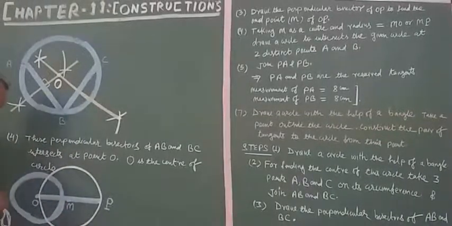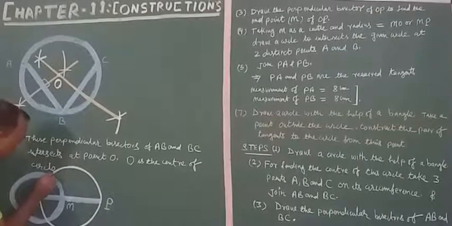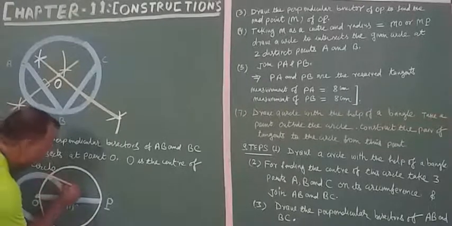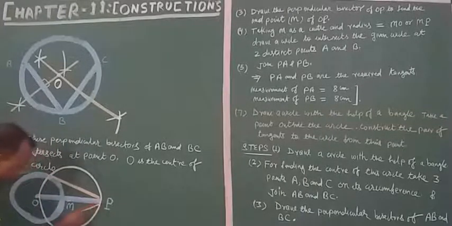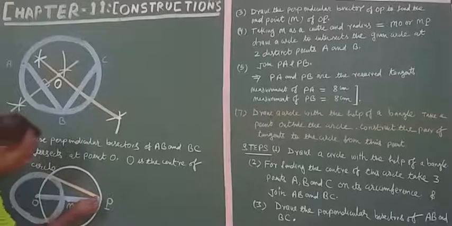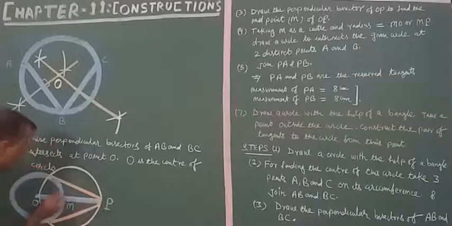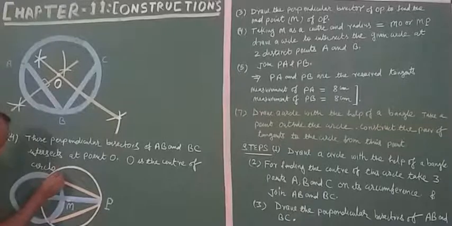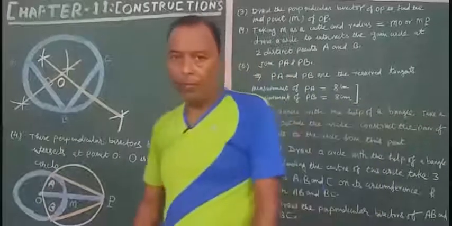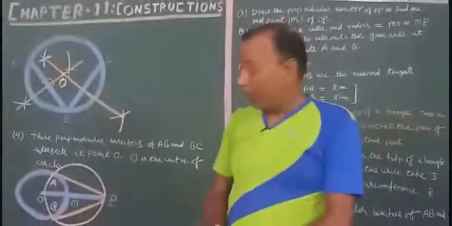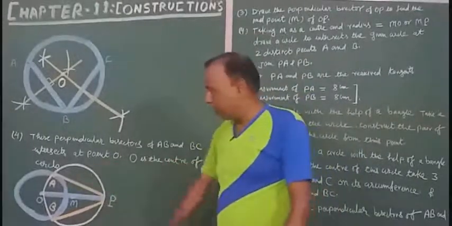This one point is this, suppose this is point A, and this is point B. So in this way we can construct these 2 tangents.